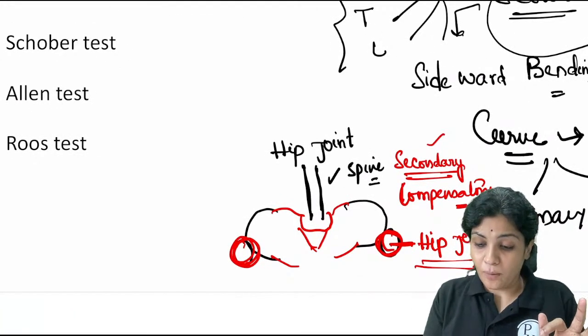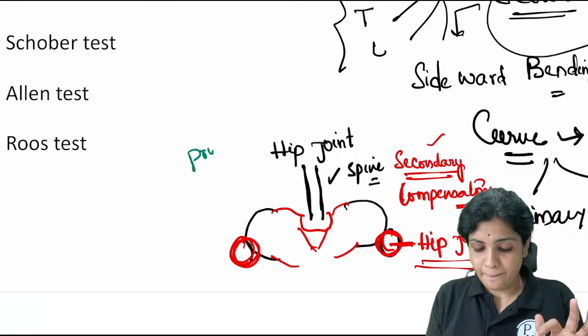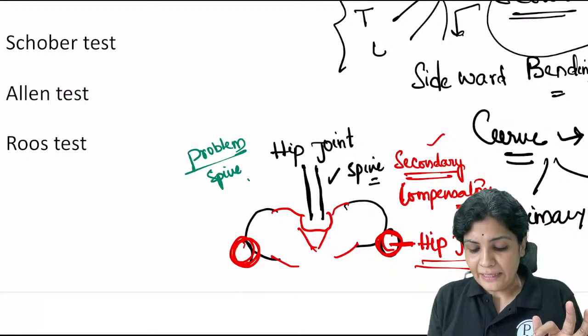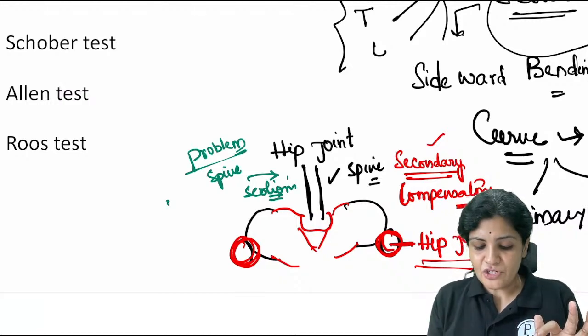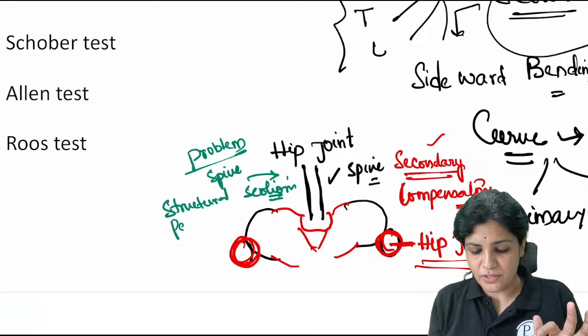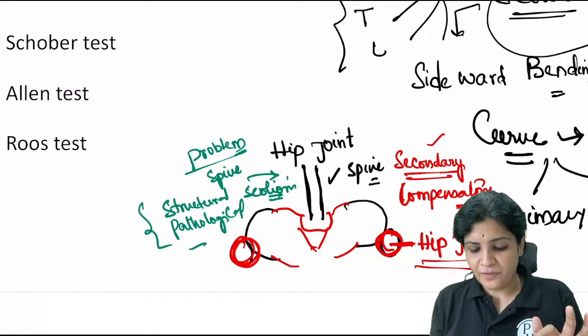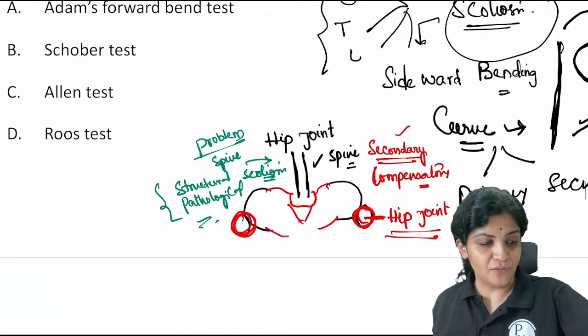But if the problem is in the spine, and then you see scoliosis, this is called primary scoliosis, or structural scoliosis, or pathological scoliosis. Is this terminology clear for you?